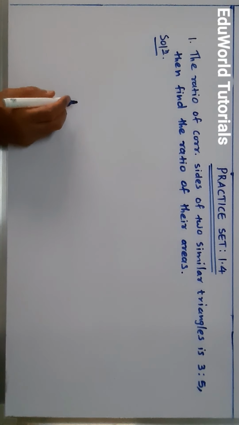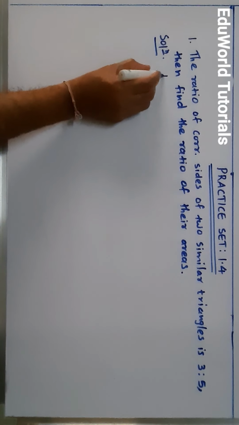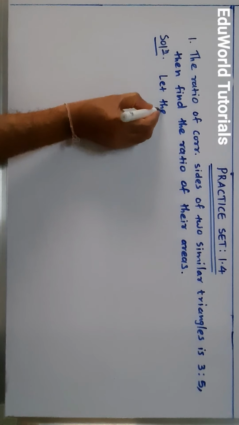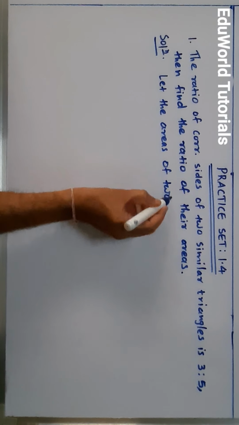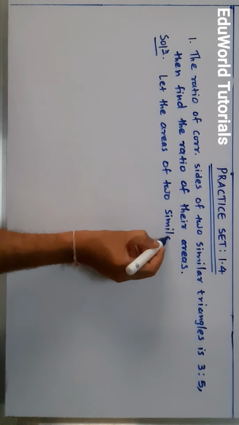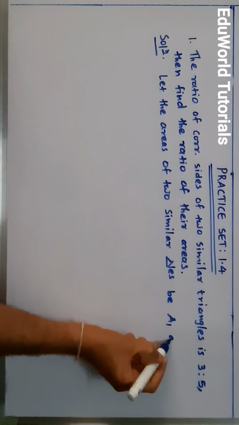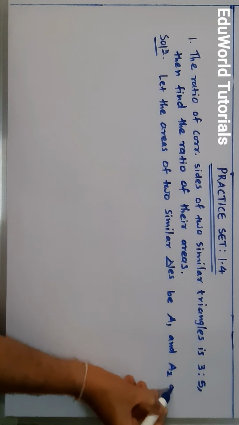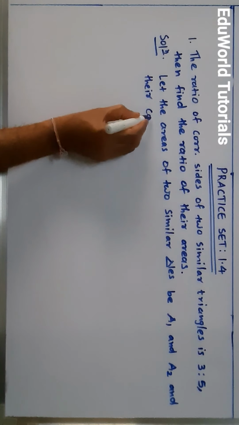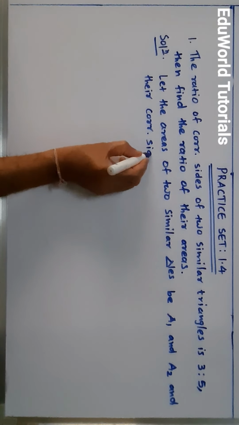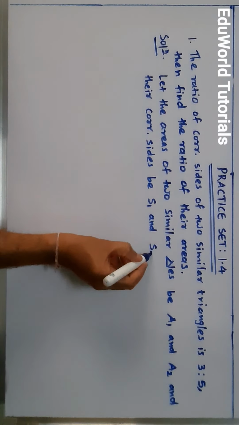So what we have to write: let the areas of two similar triangles be A1 and A2 and their corresponding sides be S1 and S2 respectively.